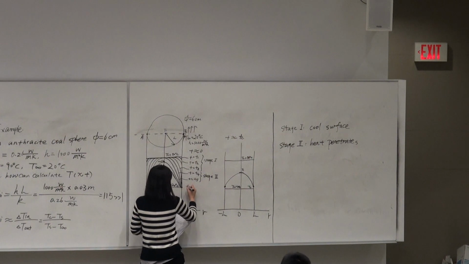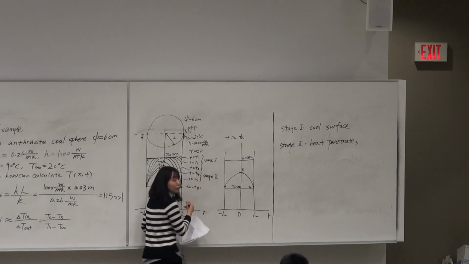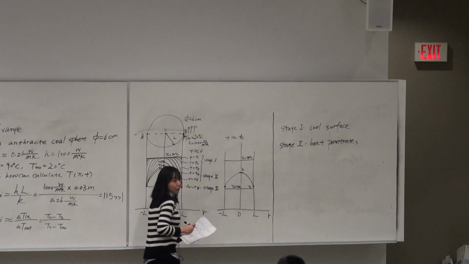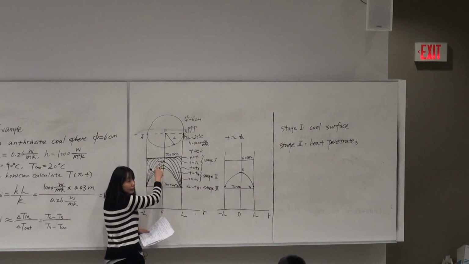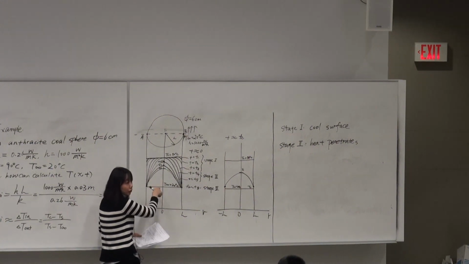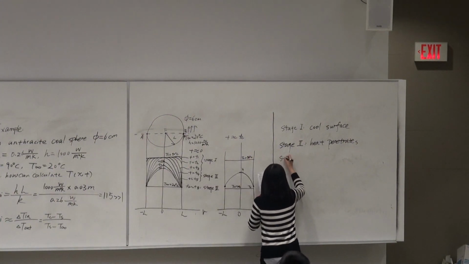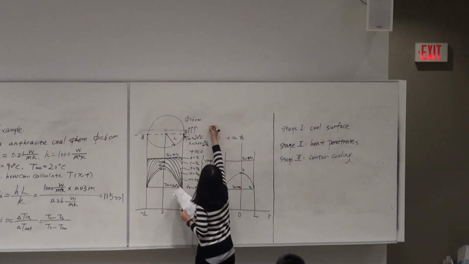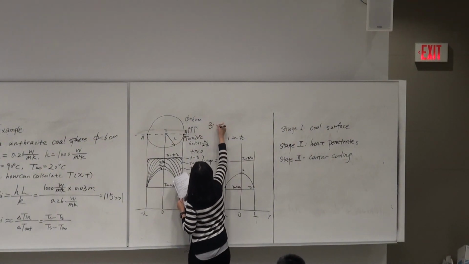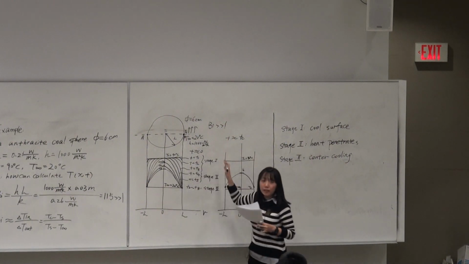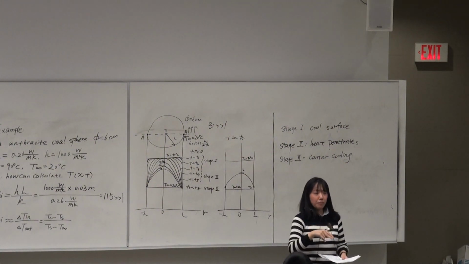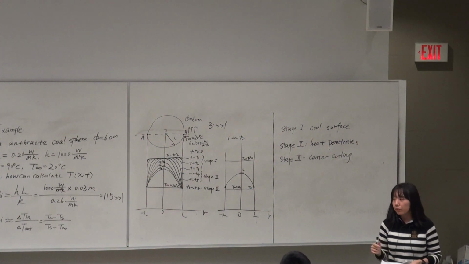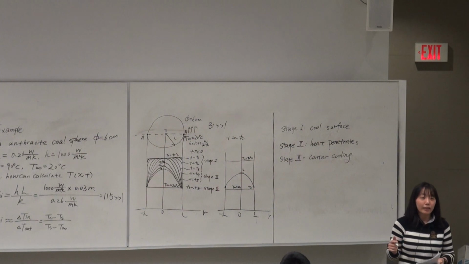So T6 to T8, we call stage 3. And that's the evolution of the center, for the temperature of the center to decrease. And this case only applies for Biot number much larger than 1. Because if it is much smaller than 1, the temperature difference between center temperature and the surface temperature is negligible.